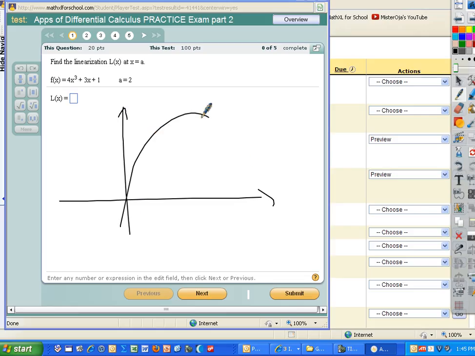It's not going to be good out here. It deviates too far from the function. But locally speaking, for small changes in x, or whatever the independent variable is, it's okay, right? So a problem like this, we're just going to calculate the equation of the tangent line.